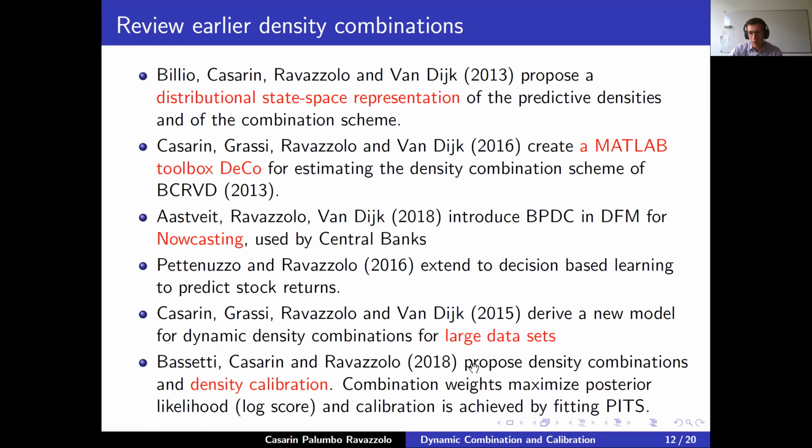And then the paper that, however, is closer to today, and I will jump to it soon, is this one. It is a paper where we realized the point of doing density combination and density calibration in the same exercise. And we had to use two mixtures. That was the game we had. One mixture, which was the standard combination, was maximizing the posterior likelihood. The second mixture, which was a beta mixture, was achieving calibration by fitting PITs.